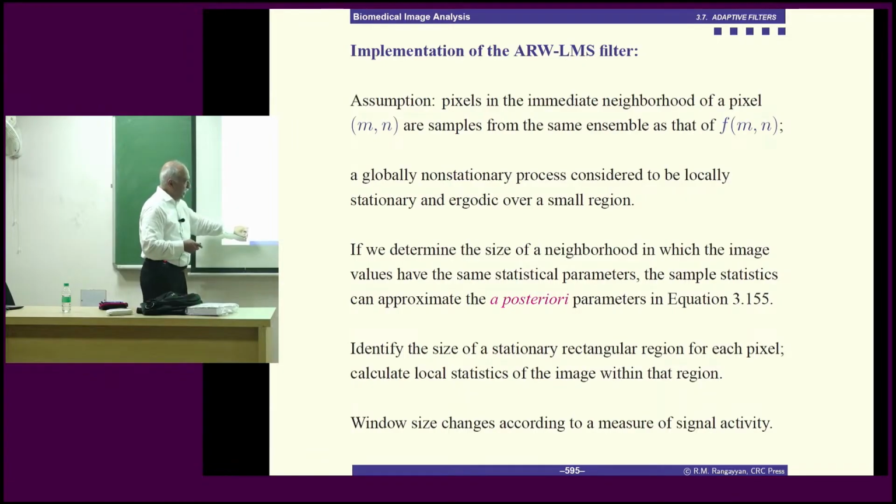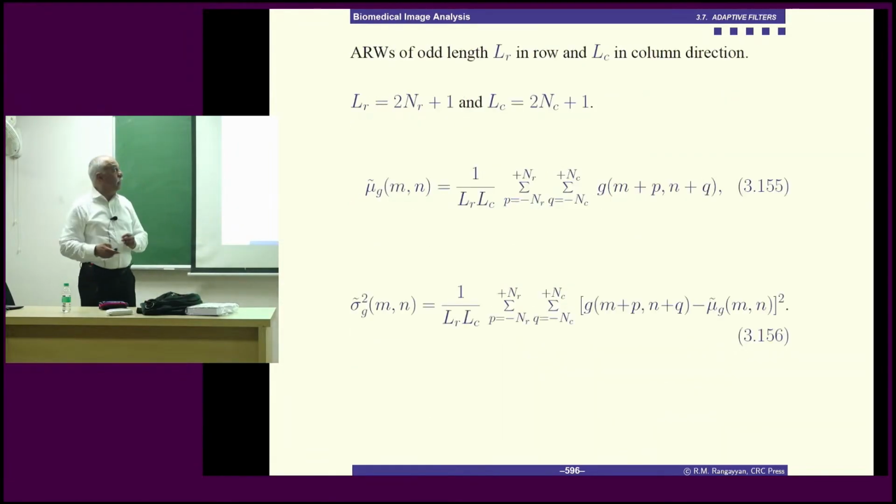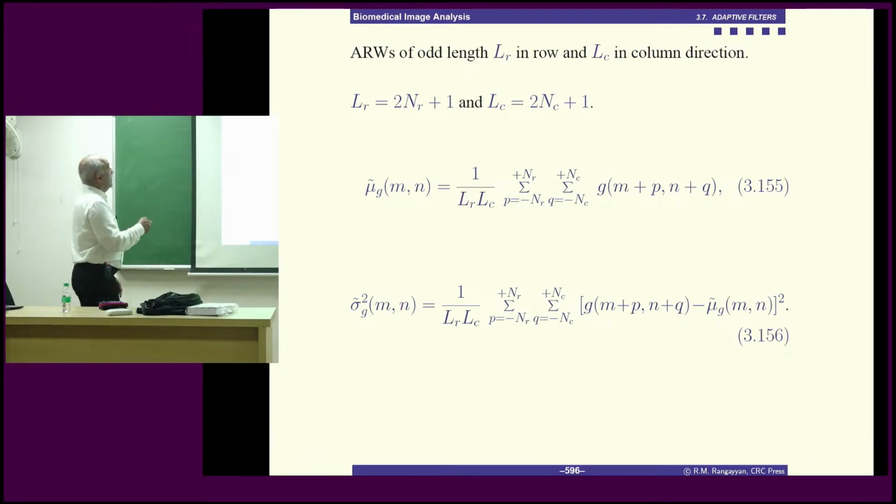The window size changes according to a measure of signal activity. So they define some signal activity. Signal means image structure. So the adaptive rectangular windows were defined to be of odd length LR in row and LC in the column direction. So LR is 2 NR plus 1 and LC is 2 NC plus 1 to represent they are odd.